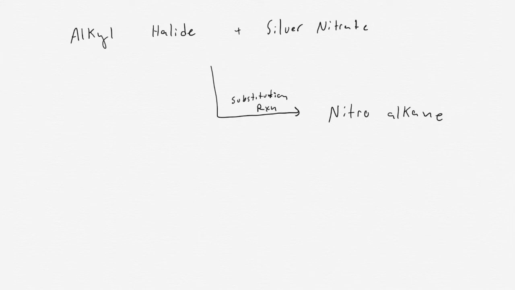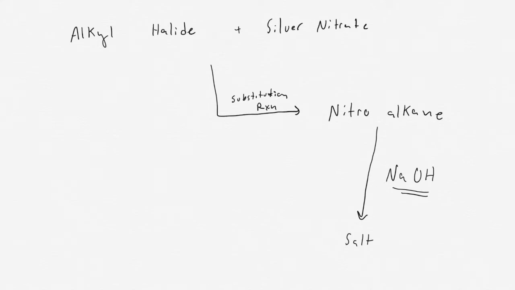A nitroalkane, in order to get a salt, the easiest way to do this, as far as I've read online and literature-wise, you want to employ a sodium hydroxide again, to deprotonate and get the salt.